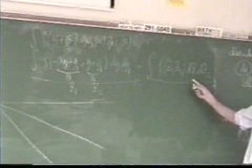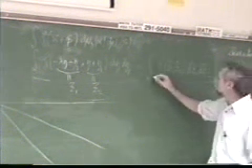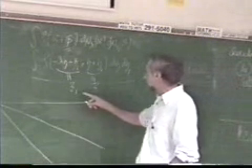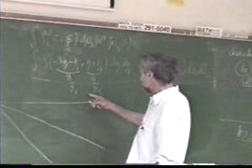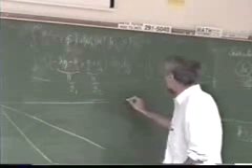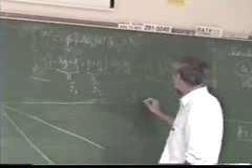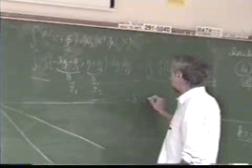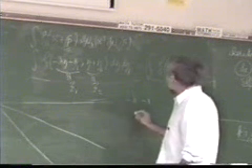Is it clear? There will be a Jacobian, so let me put some constant here. So what will be this Jacobian? The transformation is given by the matrix minus lambda, minus 1, and then 1 and 1.